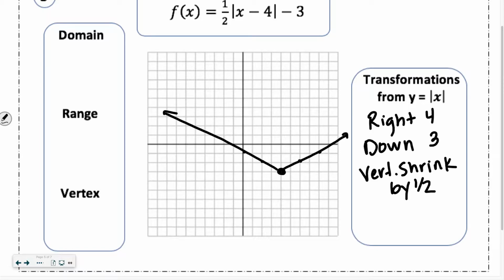which is fine, right? If you think about the way I described vertical stretch, normally in the parent function we're going up 1, right 1. So when we vertically stretched it, we multiplied the y by 2. We went up 2, right 1. If we're vertically shrinking it, then we would just want to go up a half, right 1. And notice this. I'm going to do this one in red. Maybe you'll be able to see it.